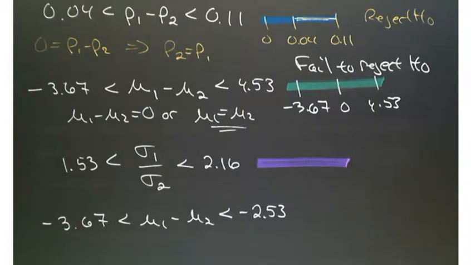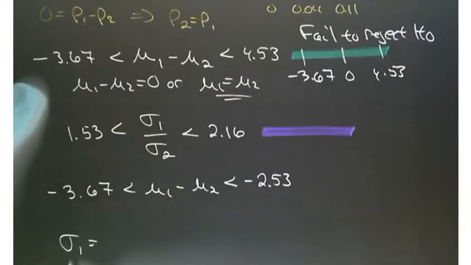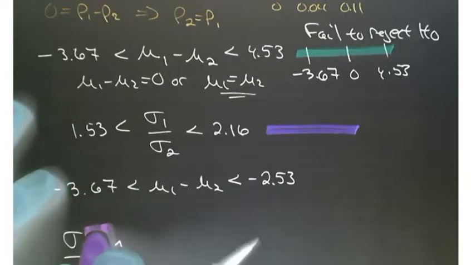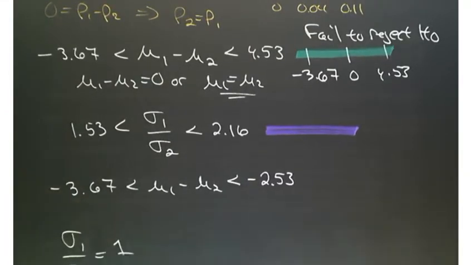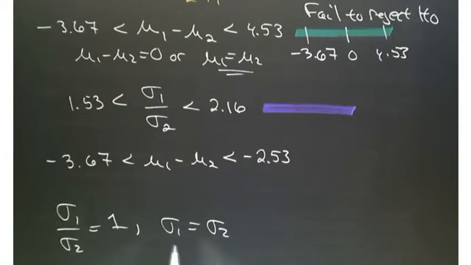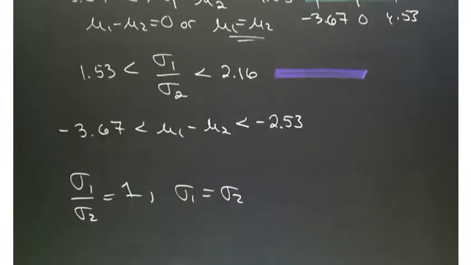And the reason for that is because if the number 1 is here, if sigma 1 divided by sigma 2 was equal to 1, then that's equivalent to the possibility that sigma 1 equals sigma 2. In other words, multiply both sides by sigma 2.